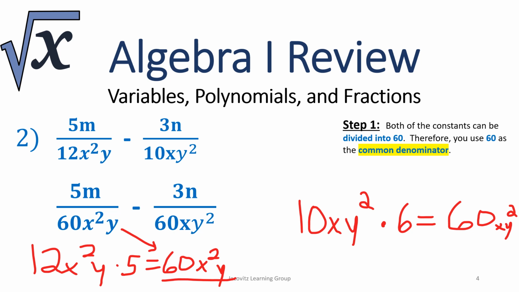Let's take care of this. 12 goes into 60, because 12 times 5 is 60. 10 times 6 is 60. So you can just do 60, x y squared as I have here, and this would be 60x squared y. We will take care of the denominator in a second.